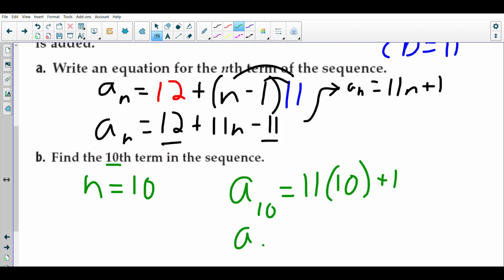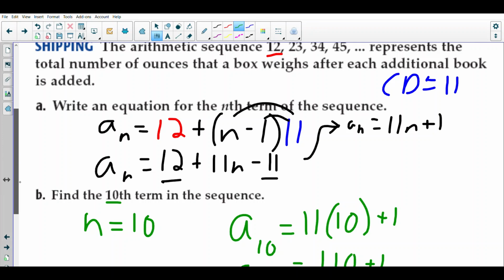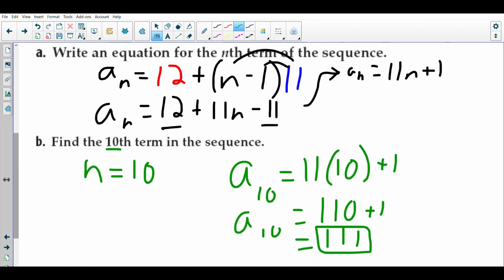So a sub 10 is equal to 110 plus 1, and that would just give us 111. If you want to count that out to verify, you can, or you can trust the formula. I would verify it for yourself. But after that, figure out what the 50th term is.